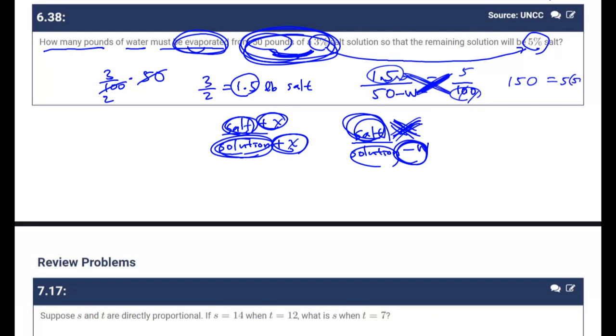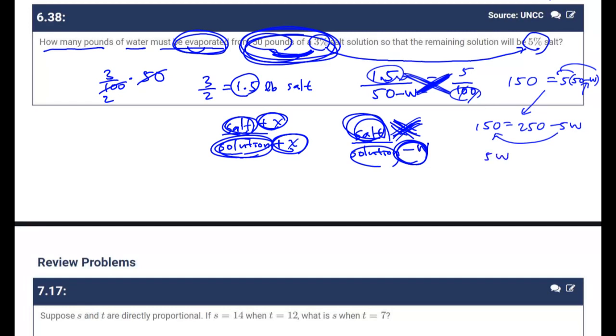50 minus w, right? Now let me move that here and expand it, okay? So 150 equals, distribute it, 5 times 50, 250, minus 5w, because there was a negative sign right there, right? Now, if I move this to the left side, it will be 5w.